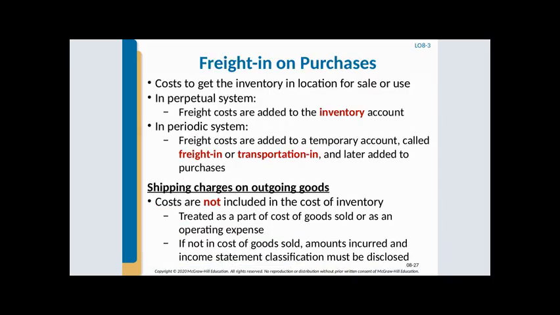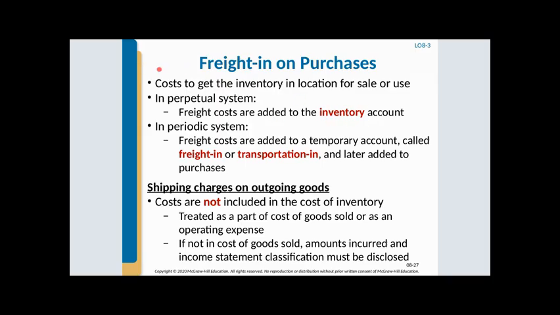So it depends if we're using a periodic or perpetual inventory system as to how we're going to treat these expenses. If we're using a perpetual inventory system, any freight cost will be added to the cost of our inventory.